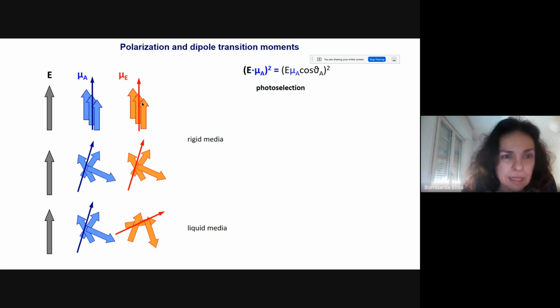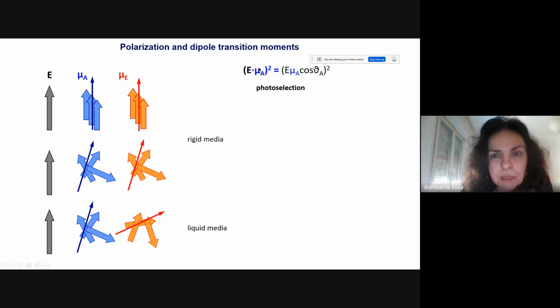But let's stop at the absorption before going on. So this is the way in which our dipole interacts with our excitation light. So the dipole of the excitation light interacts with our system.